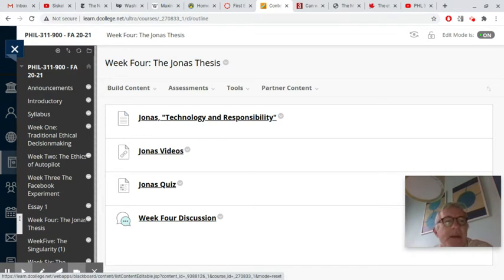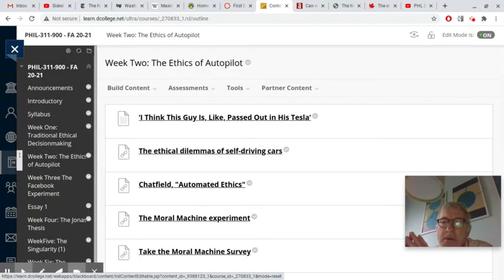So that the idea that even in week 2, the idea of handing over decisions that could be life or death decisions to an automated system is already anticipating the kind of problems that Jonas is talking about, because clearly we're trying to program into an automated system some sort of algorithm for actually making the kind of ethical decisions that have been left to real, actual human beings at the time.